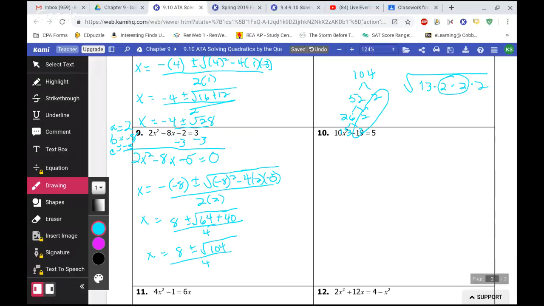So when I have a pair, I can bring it out. So it's 2. What's left inside? Someone tell me, what numbers are left inside the radical? 13 and 2. 13 and 2. So 13 times 2 is 26, correct?